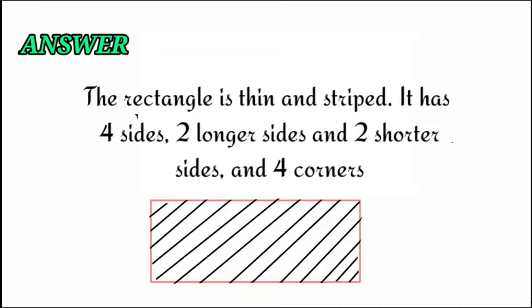There are long striped lines, four lines, four corners, and opposite sides are the same. The rectangle is thin and striped. It has four sides, two longer sides and two shorter sides, and four corners.